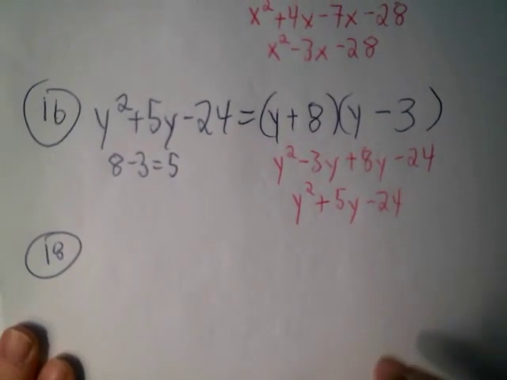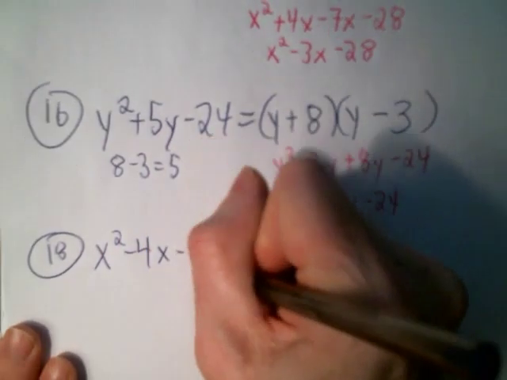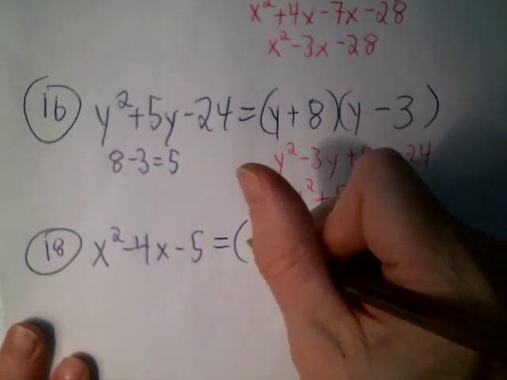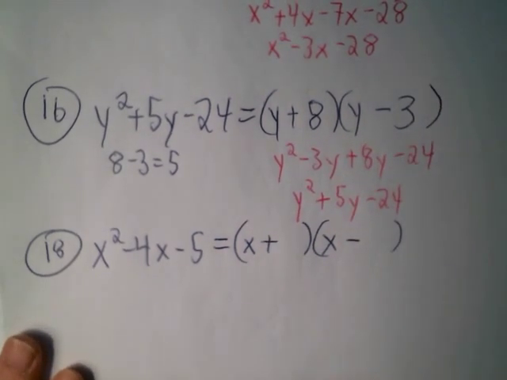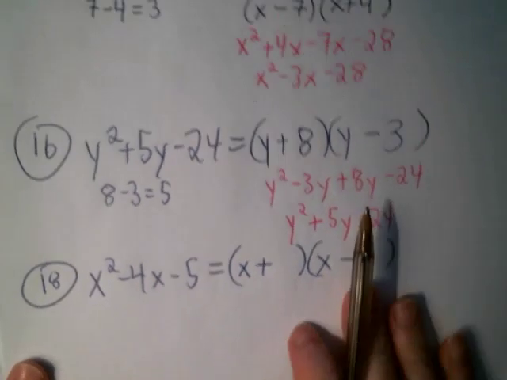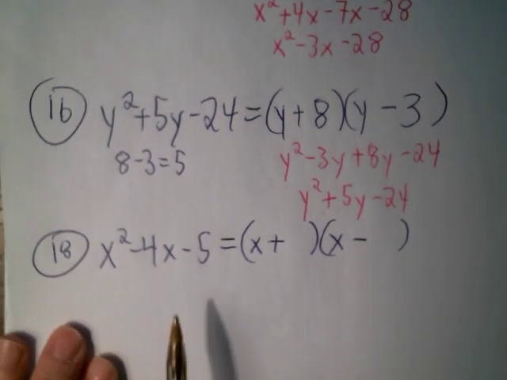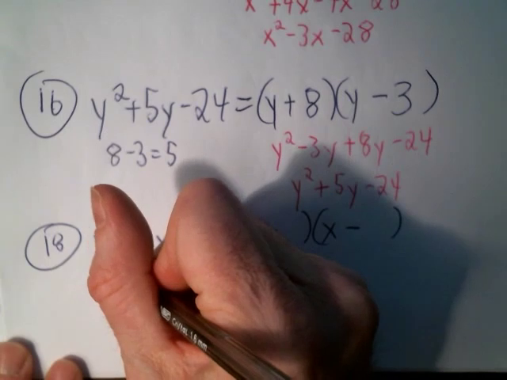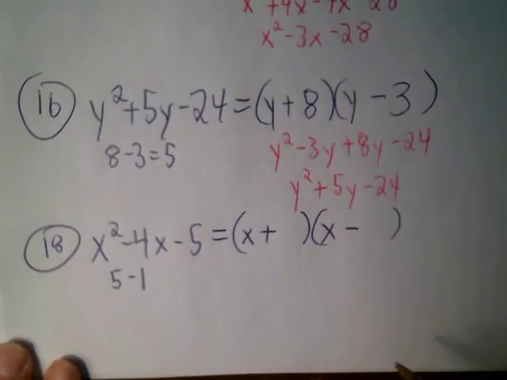So problem 18. We have x squared minus 4x minus 5. Okay. So the form tells me it's x and then plus minus. This time, if you remember, we want the bigger number to be negative. So when we add the inner and outer, we end up with a negative middle term. So anyways, 5 and 1 will multiply to give me 5. And then when I subtract it, I'll get 4.